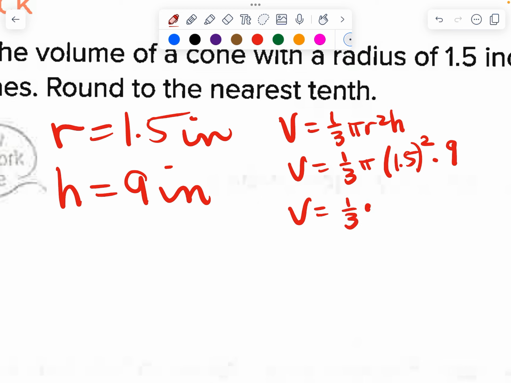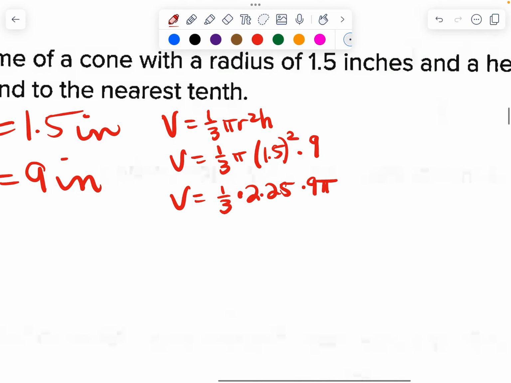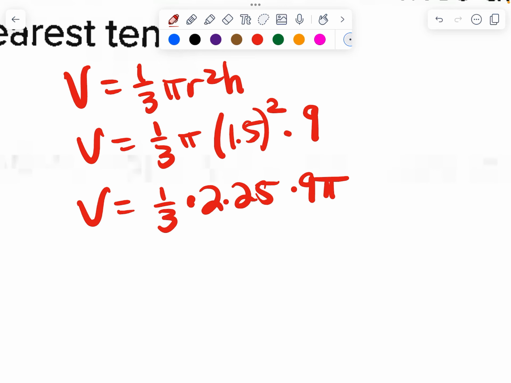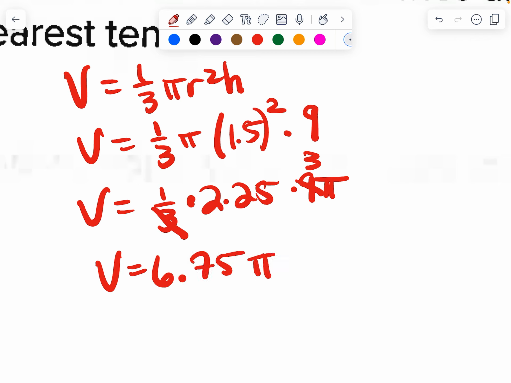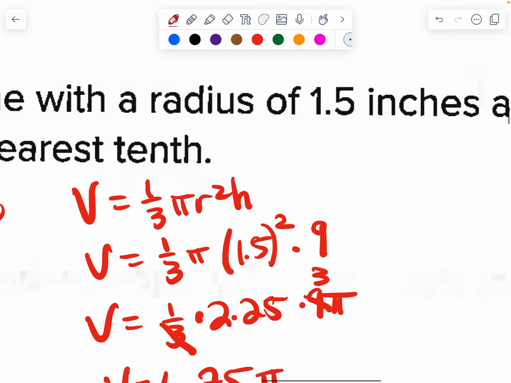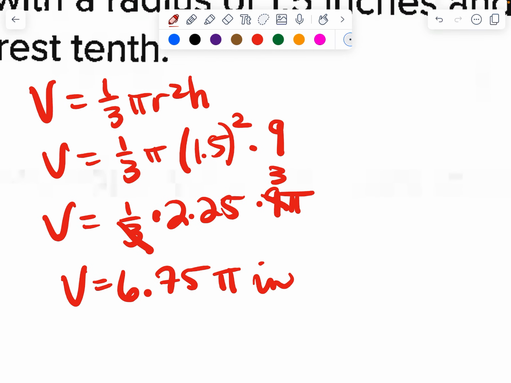So 1/3 times 2.25 times 9 pi. Now, 3 does go into 2.25 evenly, but I'm going to actually take it out of the 9. And 2.25 times 3 is going to get me 6.75 pi inches cubed.